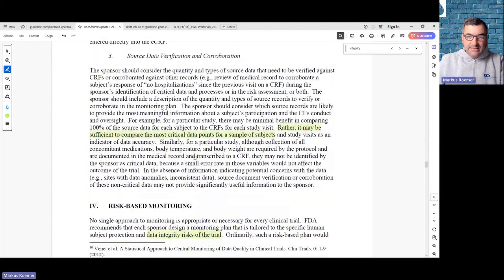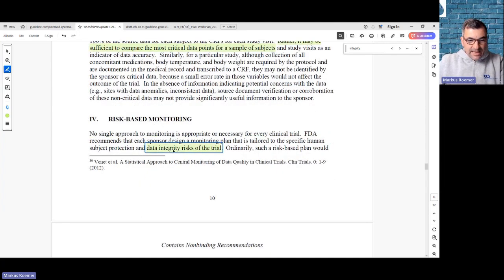I really like this guidance for industry. So rather, it may be sufficient to compare the most critical data points for a sample of subjects. So it's important to know the most critical data points, the data integrity risk of the trial, yeah, and to have a focus in validation to that specific trial.